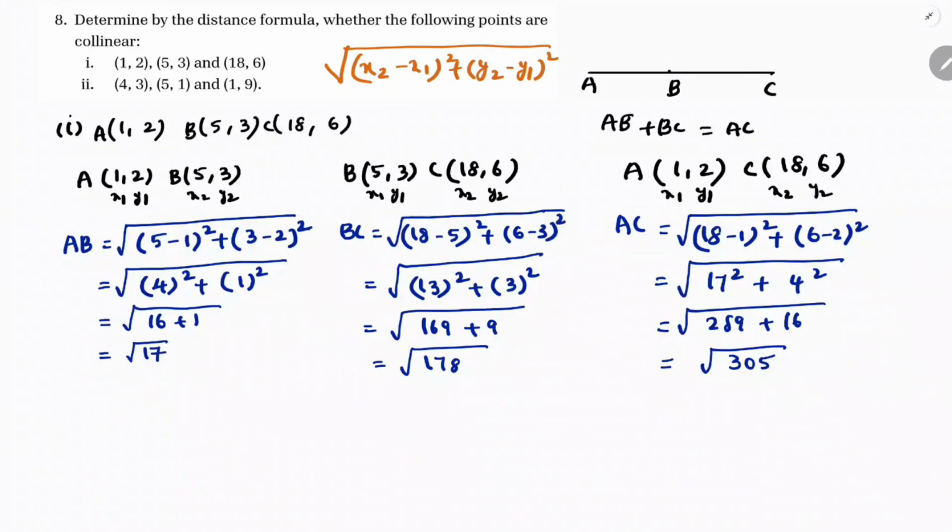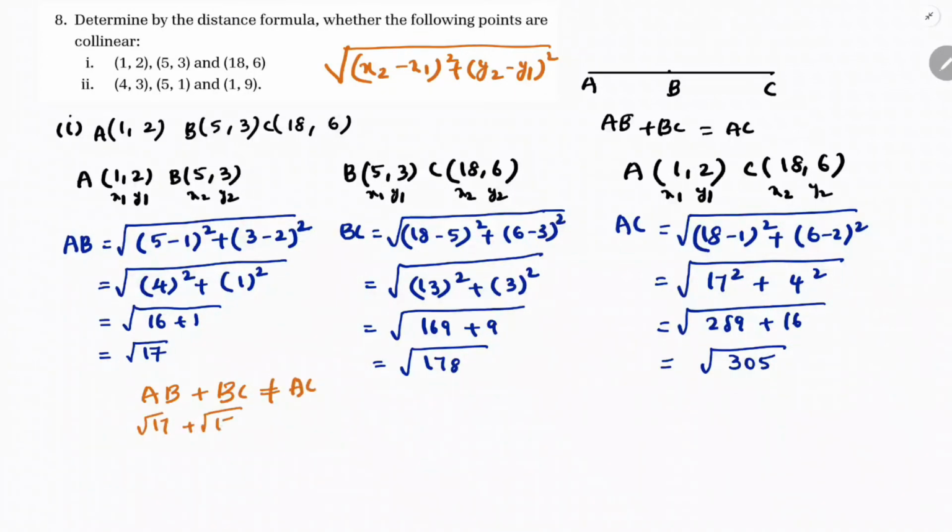Now clearly here, see, we cannot add. If we do prime factors for 305, 5 times 61, again prime. So those are all already in simplest form. So clearly AB plus BC is not AC.